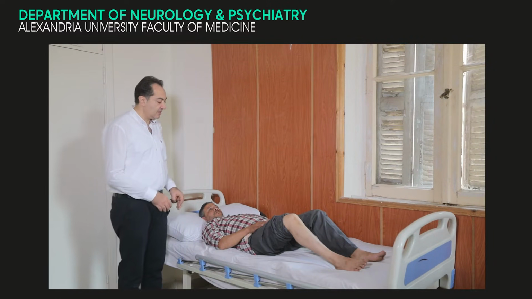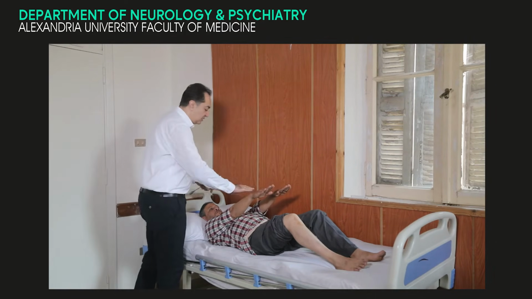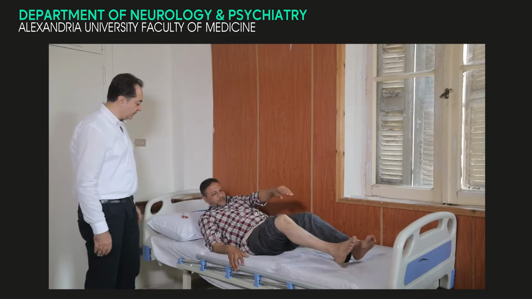Then the rebound. I should ask the patient to raise his arms up and I will resist him and I'll suddenly release this movement and see if there is a rebound phenomenon on one side.